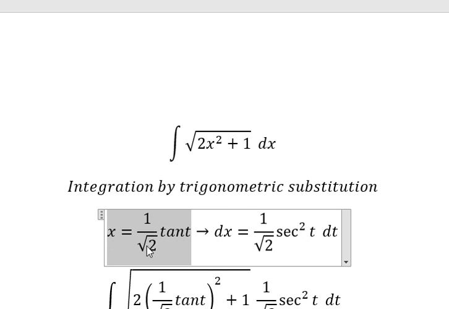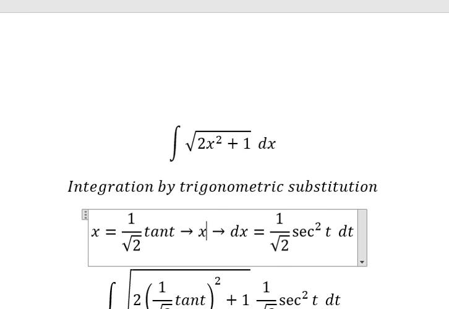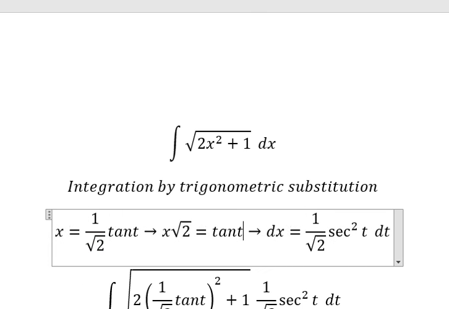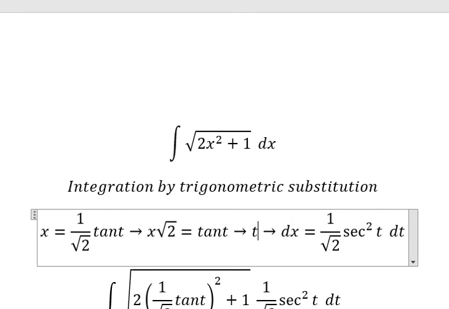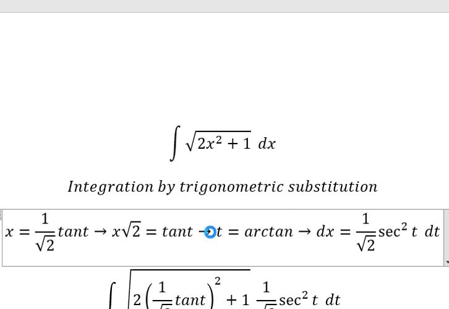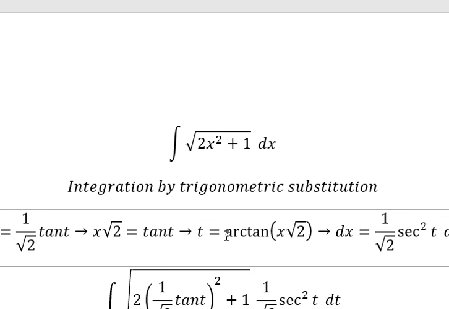So I will multiply both sides by the square root of number 2. And we get t equals arctan of this one. So I will put this one to change for t.